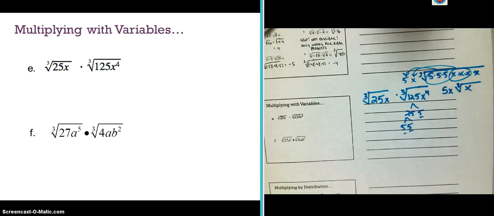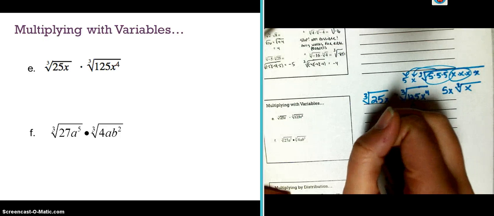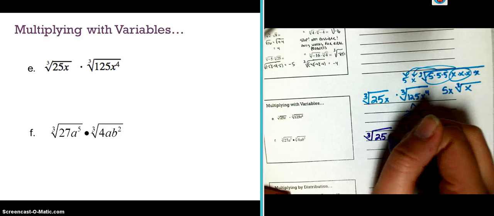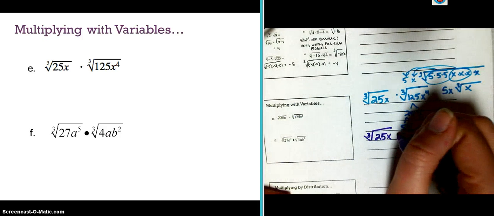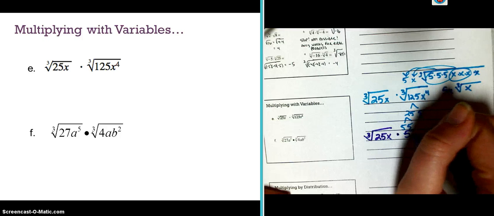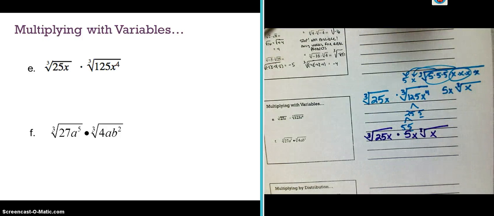So now I can multiply those two, which means I would have the cube root of 25x times 5x times the cube root of x.